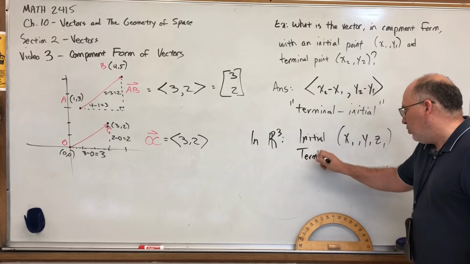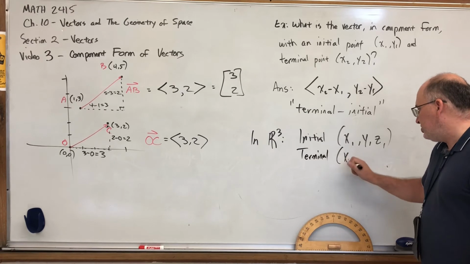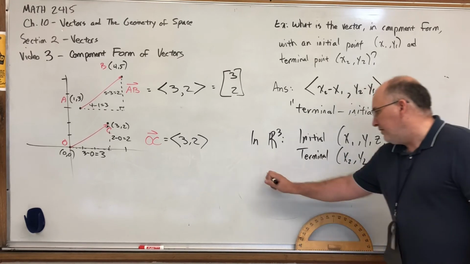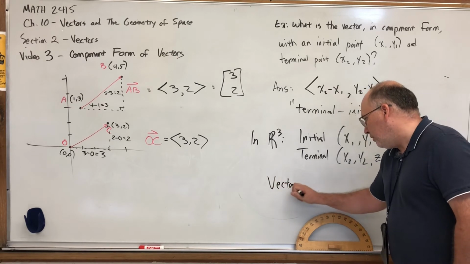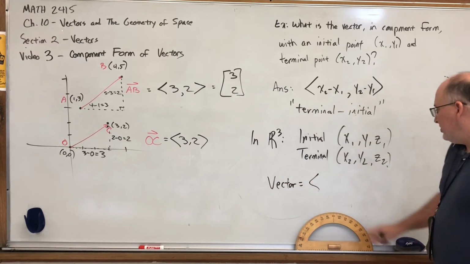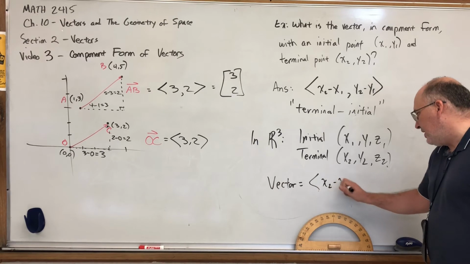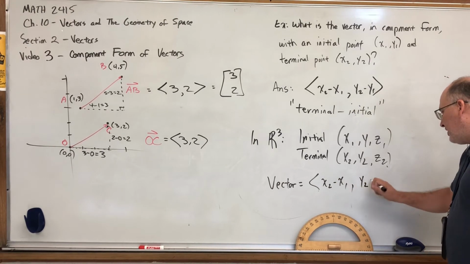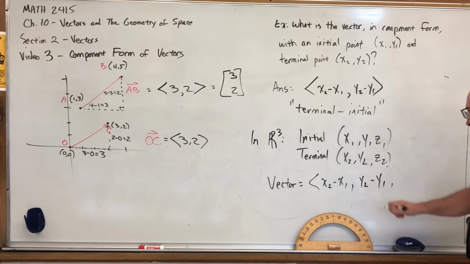If our terminal point was x2, y2, z2, then the vector in component form would be the difference in the x-coordinates. It's always terminal minus initial, x2 minus x1, comma, the difference in the y-coordinates, y2 minus y1, and then the difference in the z-coordinates, z2 minus z1.